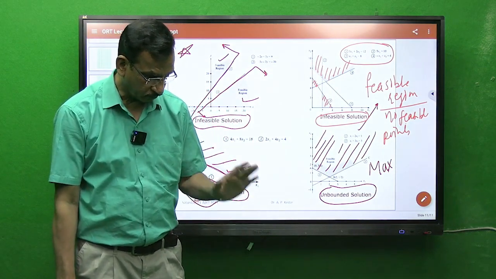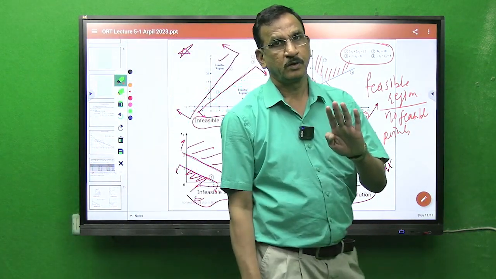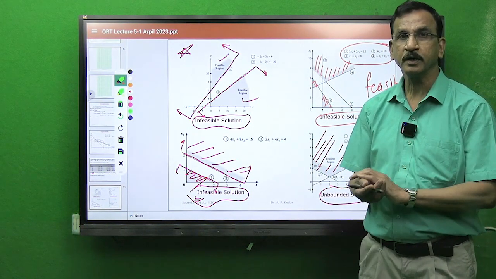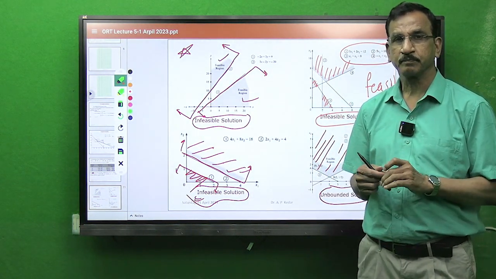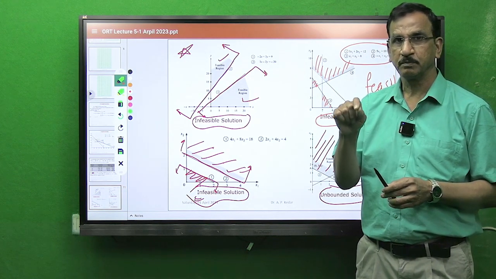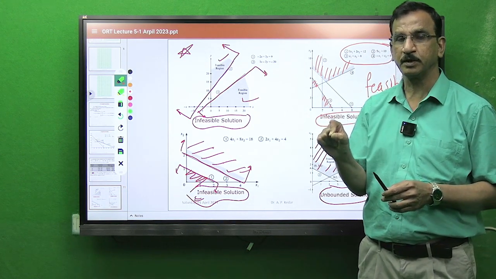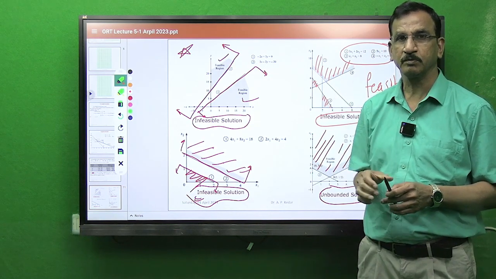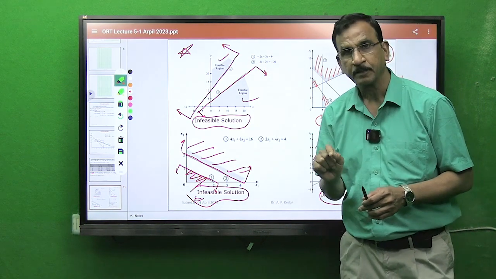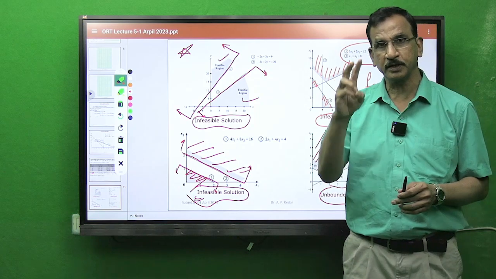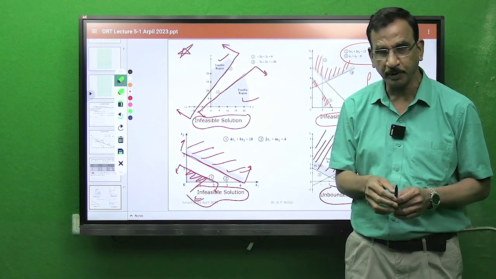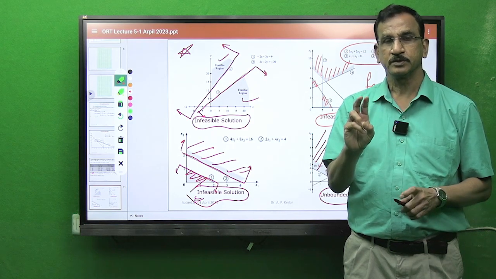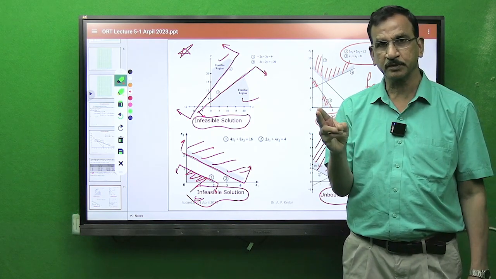So we have started with linear programming, rather, definition of OR. What is linear programming? How to formulate problem from given linear programming. We have practiced how to formulate the given problem from the word data. Then we have started with finding solution to the linear programming problem. We have stated two methods. First is graphical, second is analytical, that is simplex method.